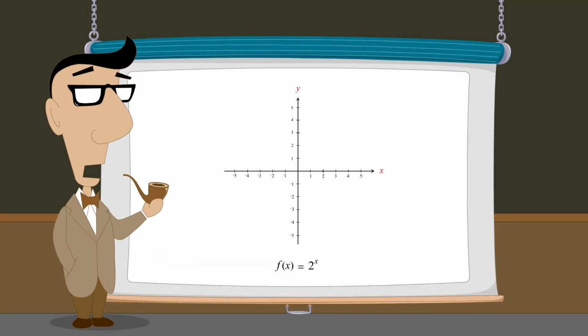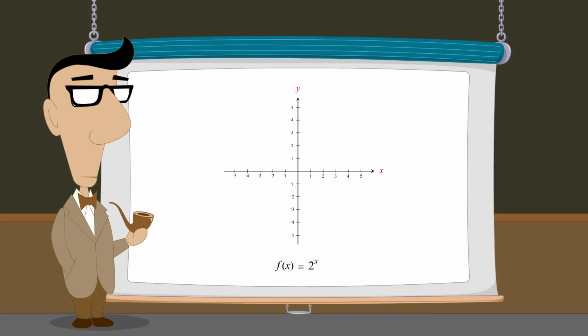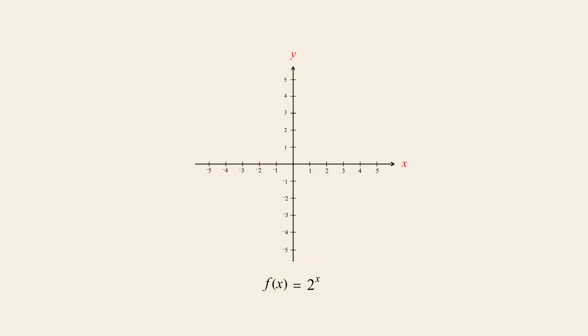So as an example, let's calculate a few values for the exponential function f of x equals 2 to the x power. When x is 2, 2 squared is 4.